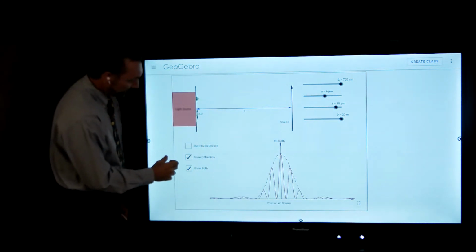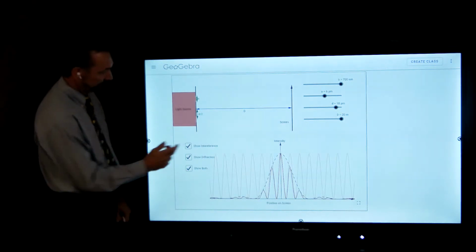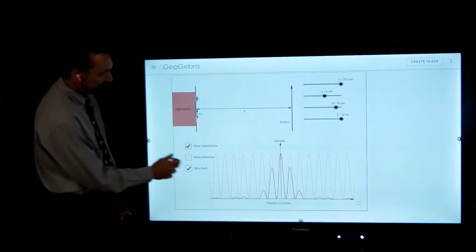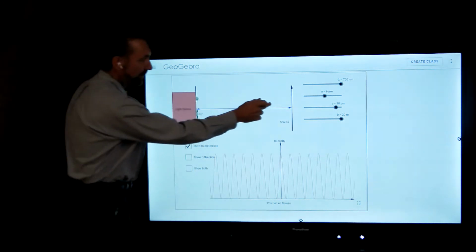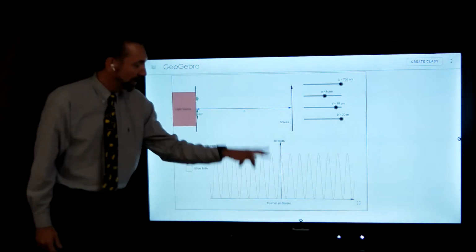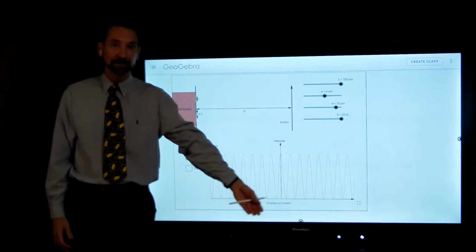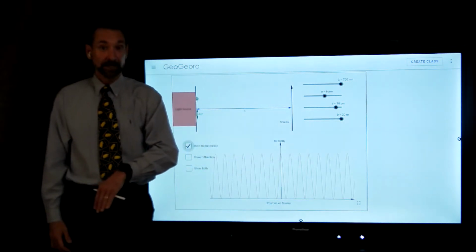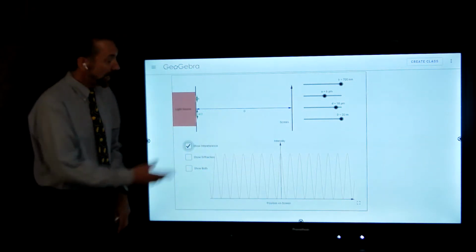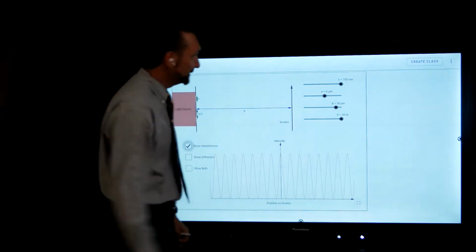We also have interference occurring, and the interference is the high intensity and low intensity spots that correspond to constructive and destructive interference on the screen. And we know that relates to the wavelength. This animation is nice.